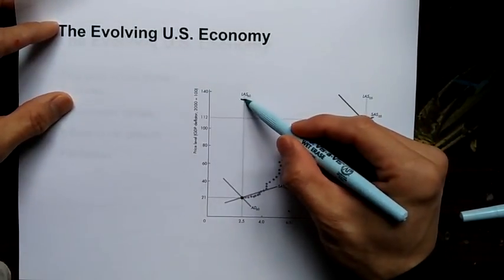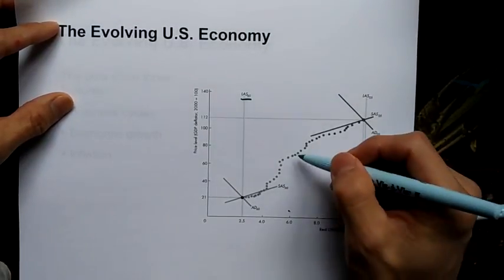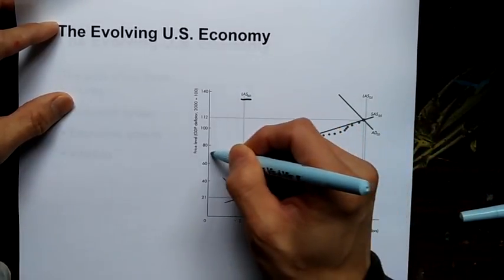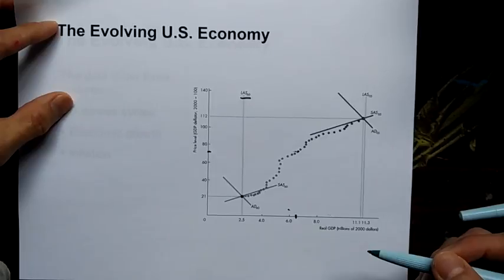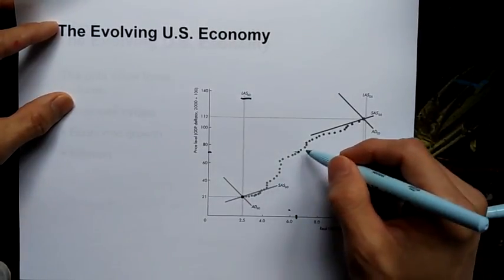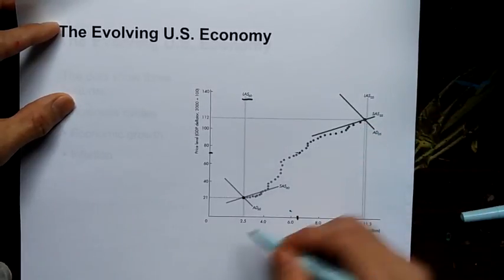And this is the long-run aggregate supply curve in 1960. So in this year, we are producing at this level, and the price level in that year is this. So one dot represents one short-run equilibrium in the United States history.